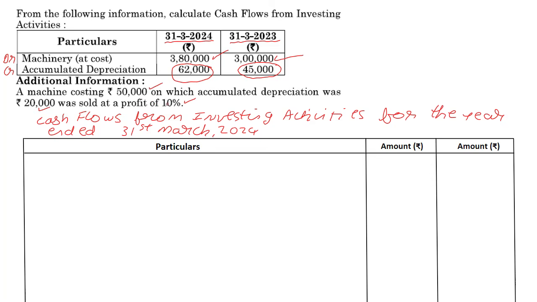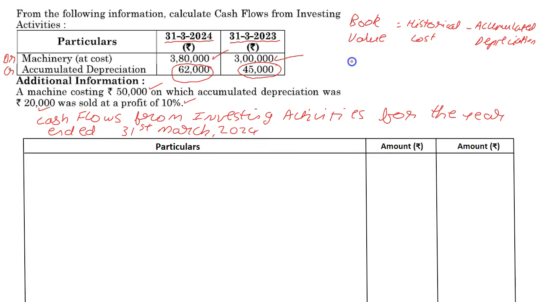All right, next we have sold at a profit of 10%. Now you need to keep in mind we have to find book value, which is equal to historical cost minus accumulated depreciation. Make sure when you write it, spelling is proper and it is written clearly.